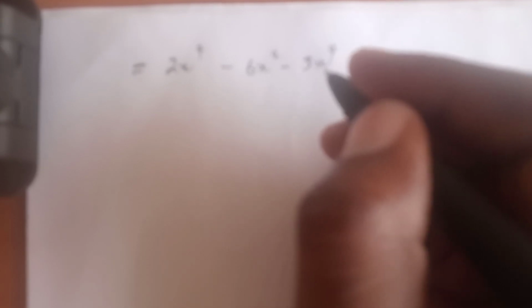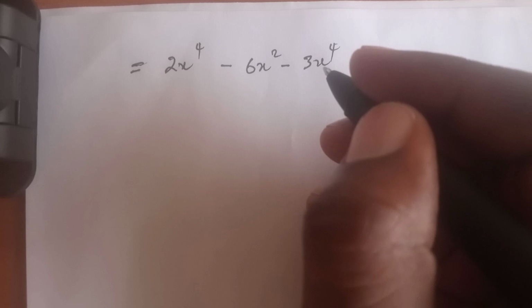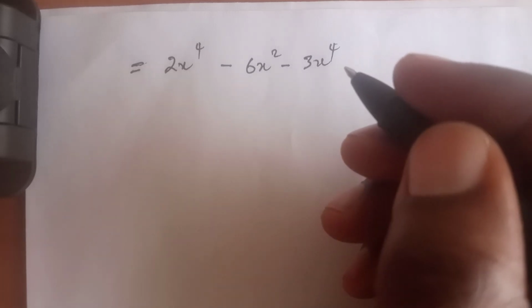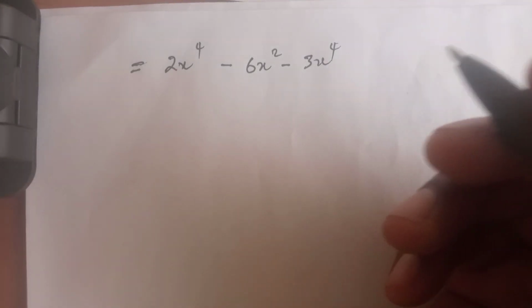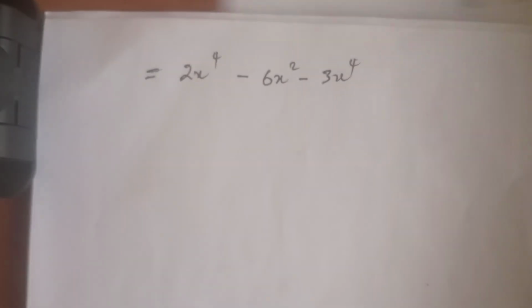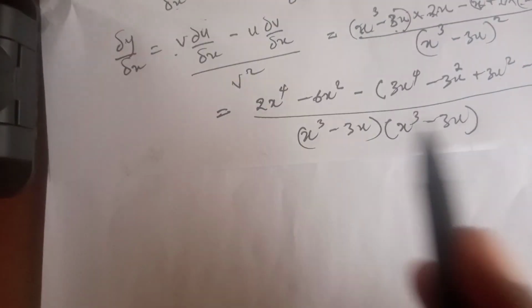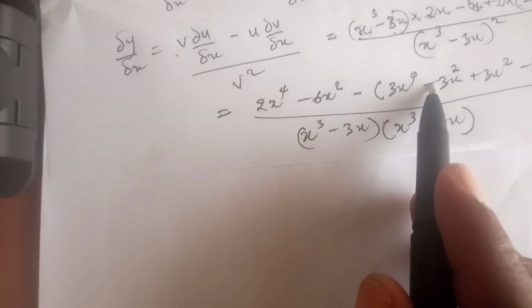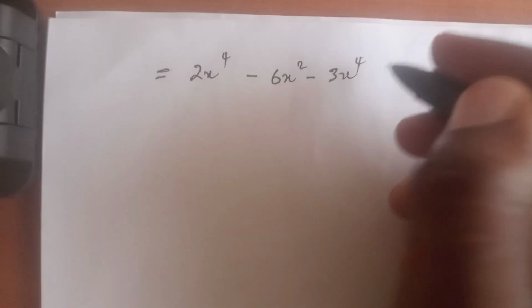So it will be minus 3x to the power 4, then minus times minus, that will give us plus. So don't forget that. That will be plus 3x squared, plus 3x squared.